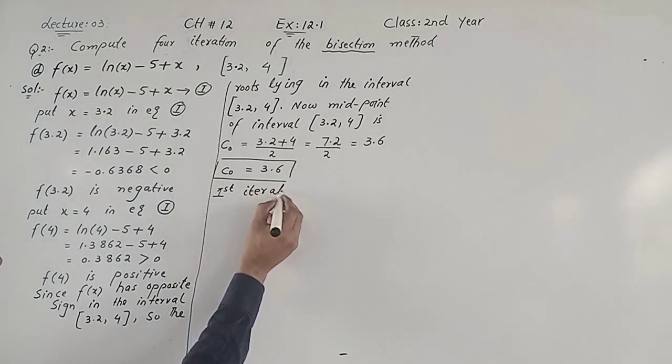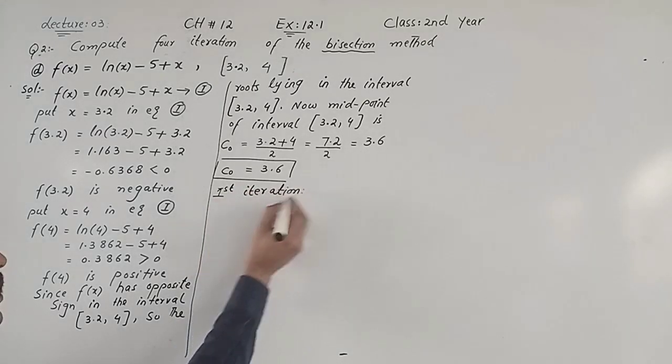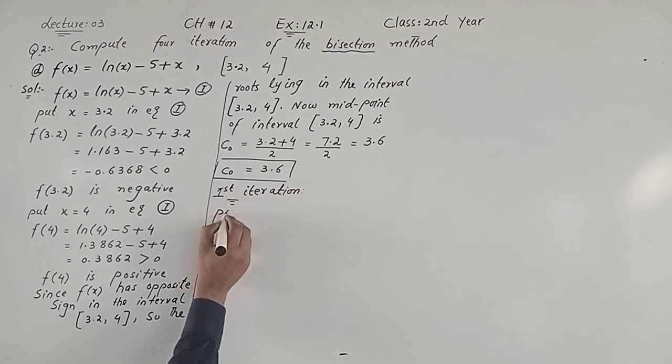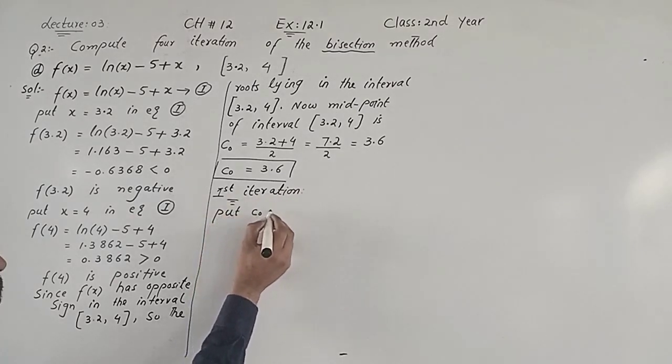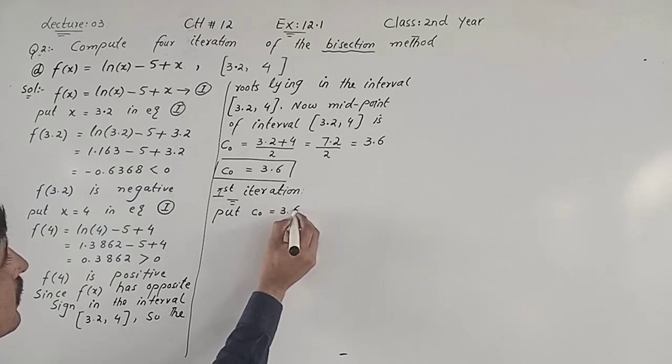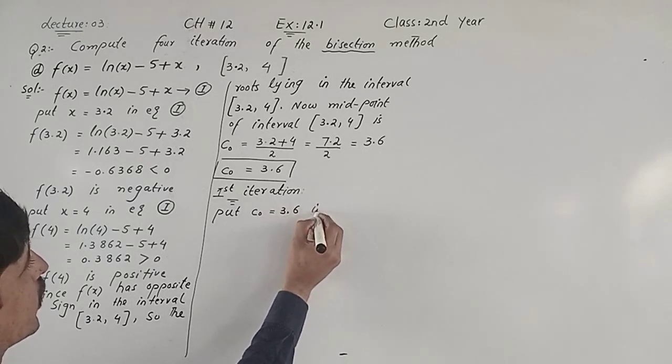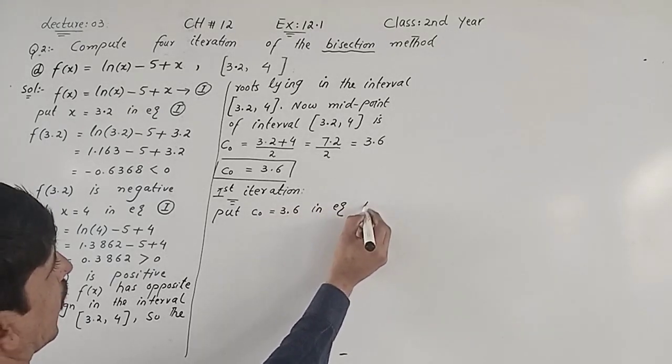Now first iteration, put C naught is equal to 3.6 in equation 1.